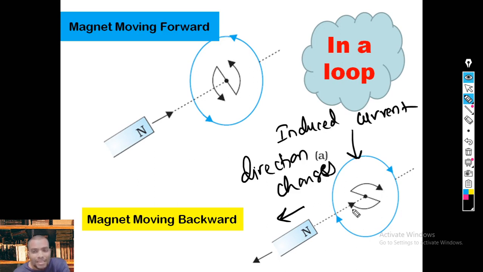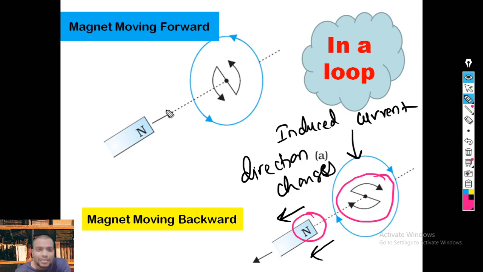Because it always opposes the original change. In the second case, when the bar magnet moves backwards, the magnetic flux is decreasing. When the flux is decreasing, the current in the loop develops in the clockwise direction, so the clockwise current contributes a south pole. Now the south pole wants to attract the north pole of the original magnet.